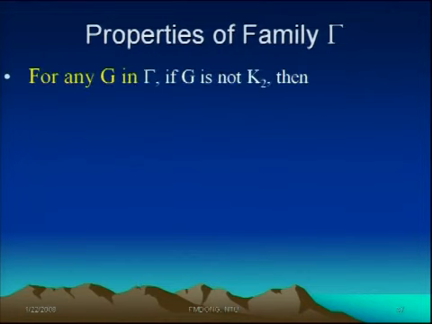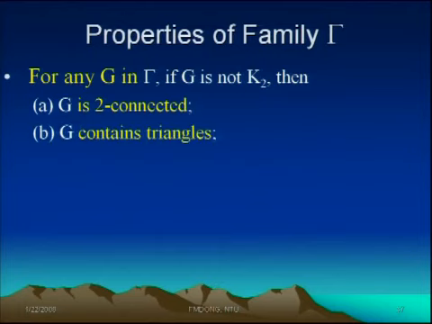And there are some properties here. First, every graph in gamma, as long as the graph is not K2 (K2 is also a graph in gamma), must be 2-connected. It's not difficult to prove. Also the graph should have triangles, K3.